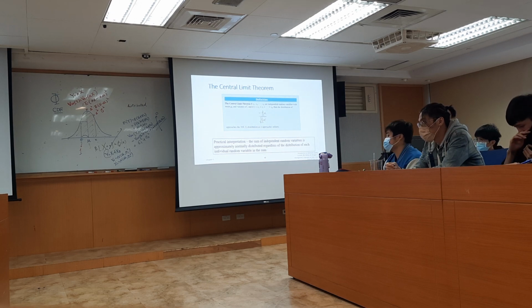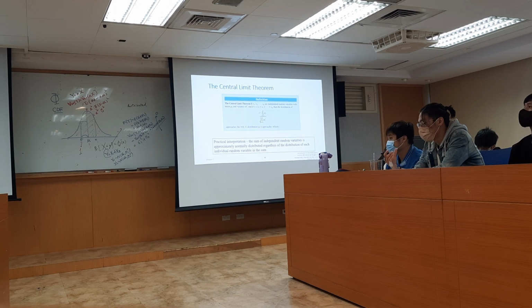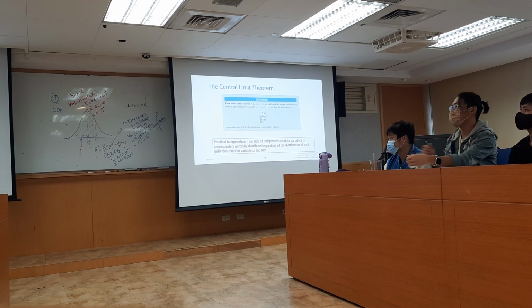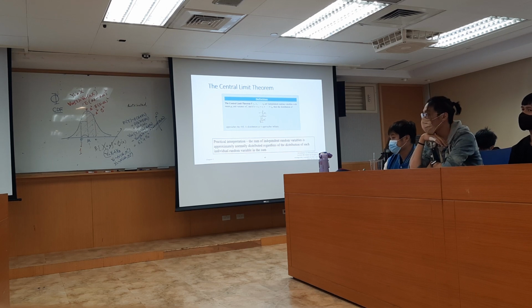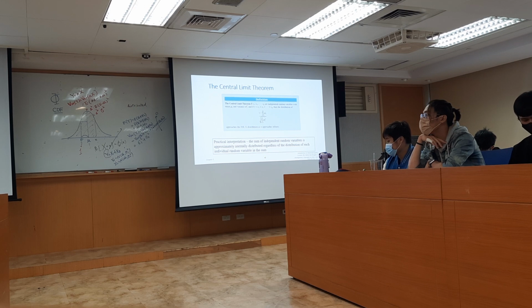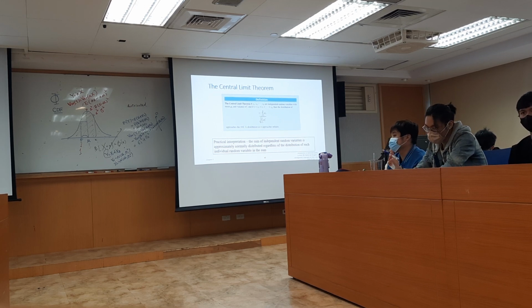So if y equals the sum of the variables, and they are IID, then y minus its mean, divided by the square root of the summation of sigma i squared, approaches the standard normal distribution as n approaches infinity.